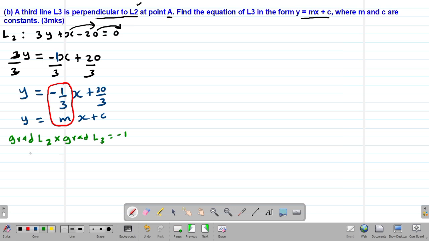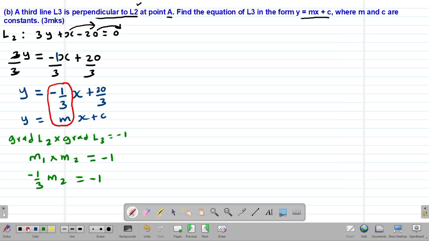If I let the gradient of L2 be m1, it simply means that m1 multiplied by m2, which is the gradient of L3, should give me -1. Therefore, because I already have m1, I'll simply substitute, so that if m1 is -1/3, I'll have -1/3 multiplied by m2. The answer should give me -1.